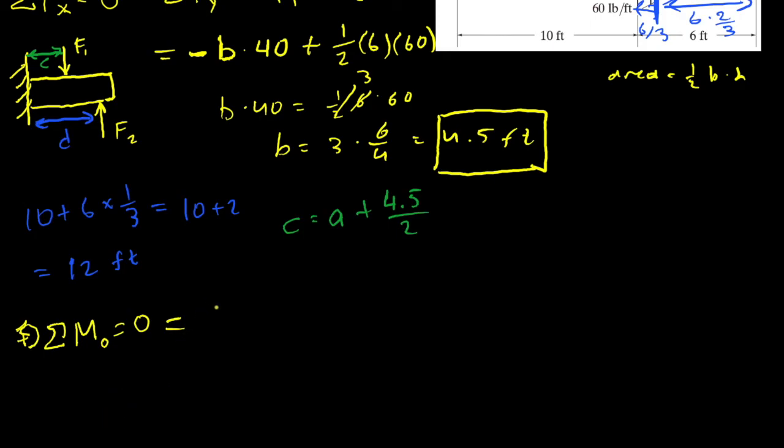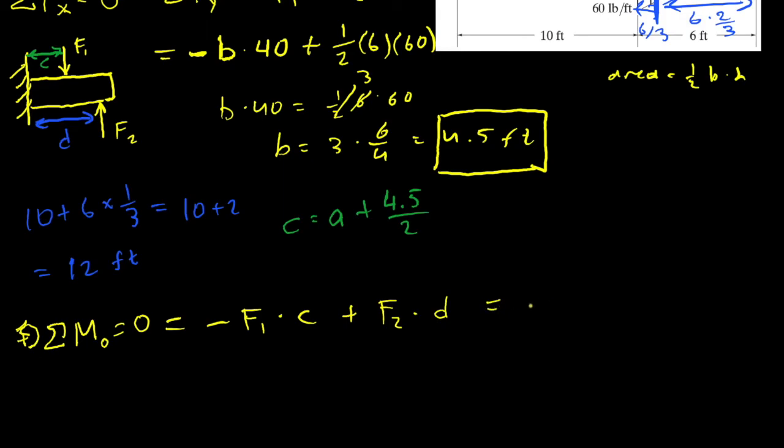So what kind of moment is F1 causing? It is causing a clockwise moment, so it will be negative F1 times C. And then we have an F2, and that is causing a counterclockwise moment. So this will be plus F2 times D.